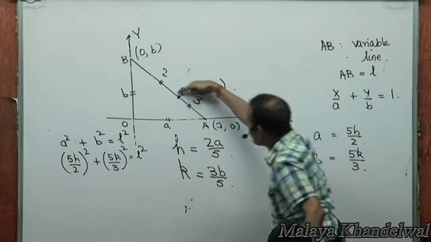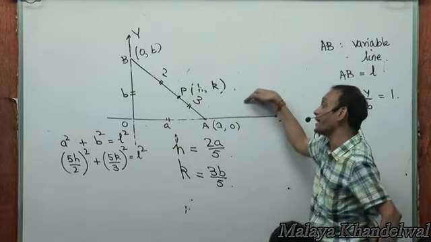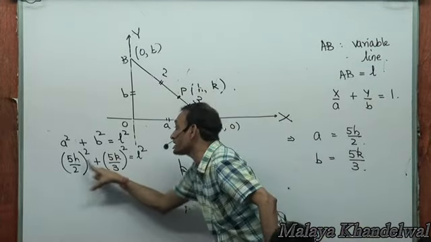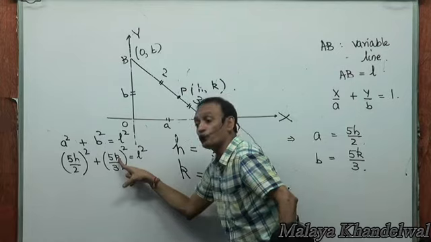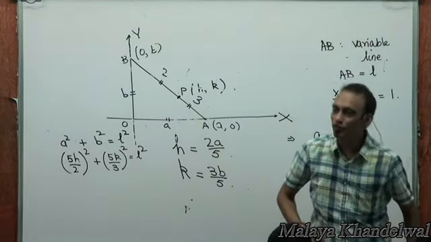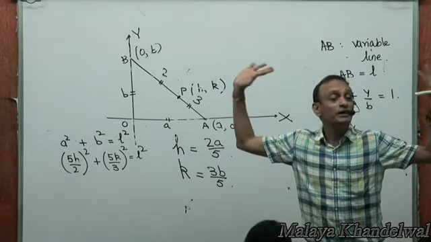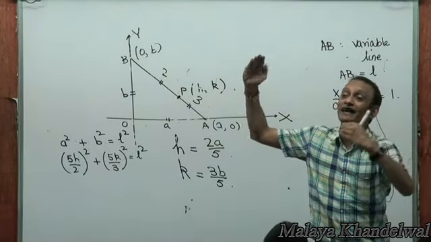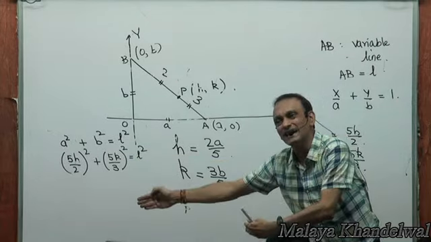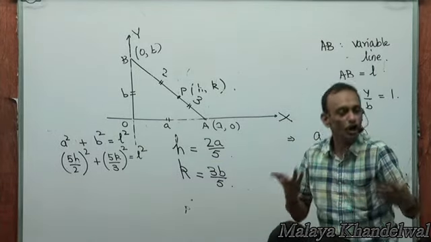That means for all points on the trajectory pursued by P, this relationship connecting h and k will hold good. Yes or no? And therefore, if it's a generalized relationship, free of the parameters a and b, I can replace h by x and k by y. That will give me the equation of the trajectory of P.